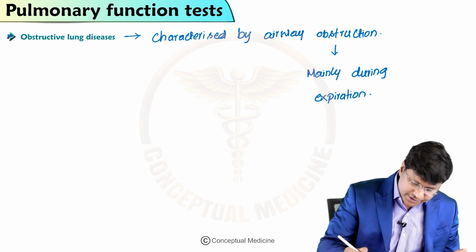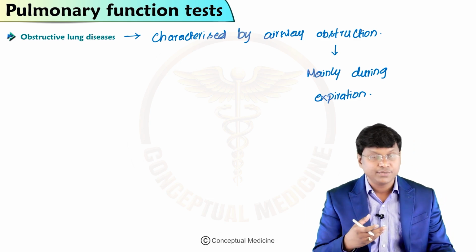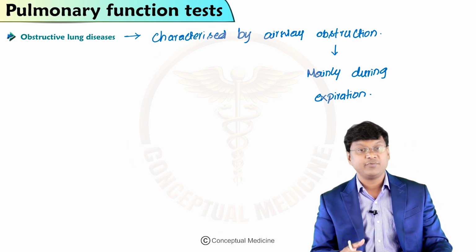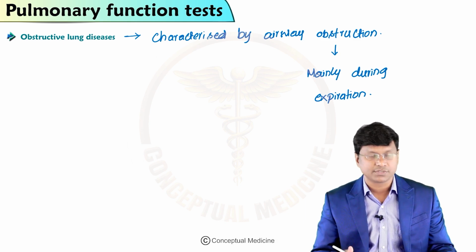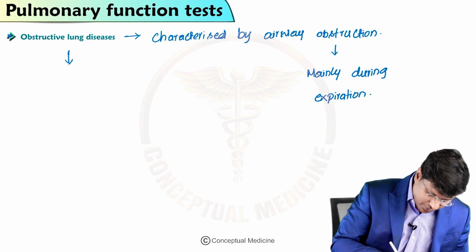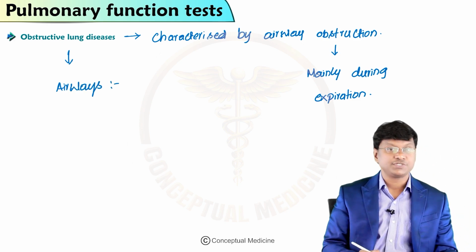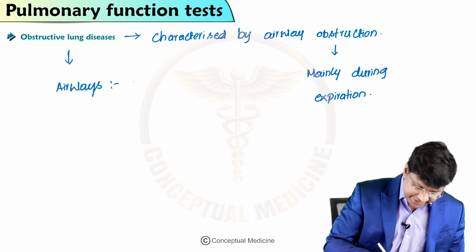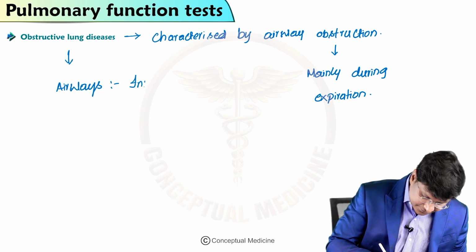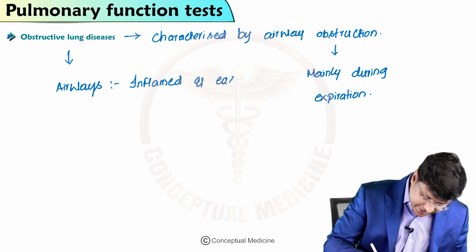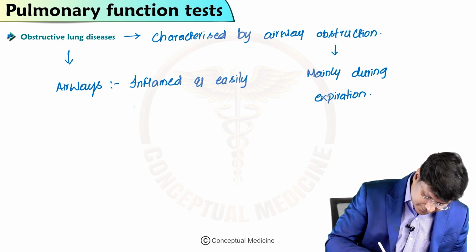The inspiratory component is fine within the individual, but mainly during expiration, the individual is having an obstruction within the airways. And if you observe the airways in these patients with obstructive lung diseases, they are inflamed and easily collapsible.